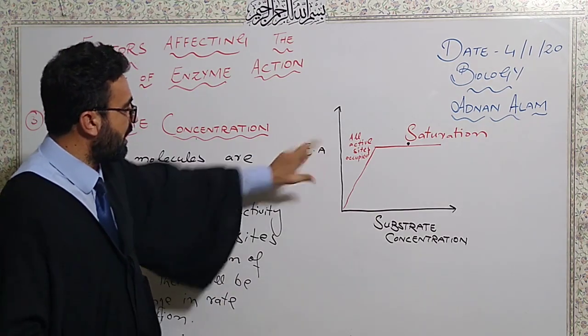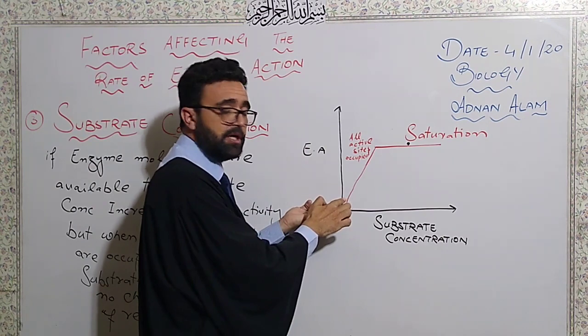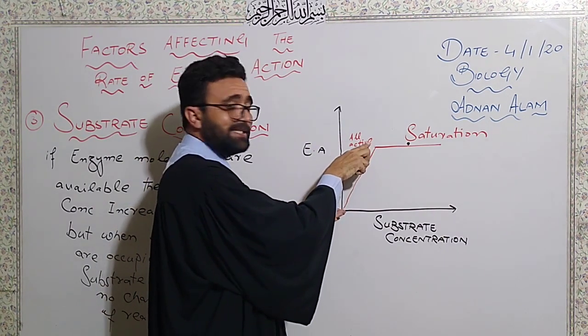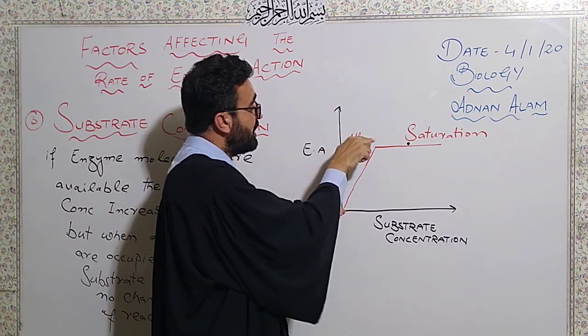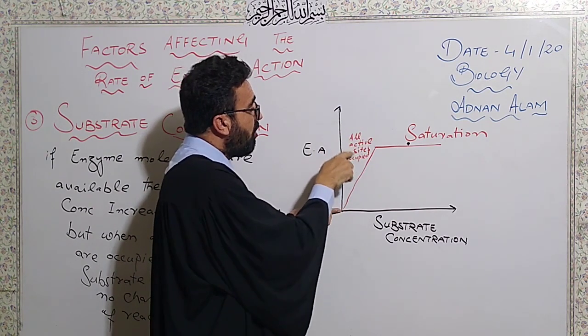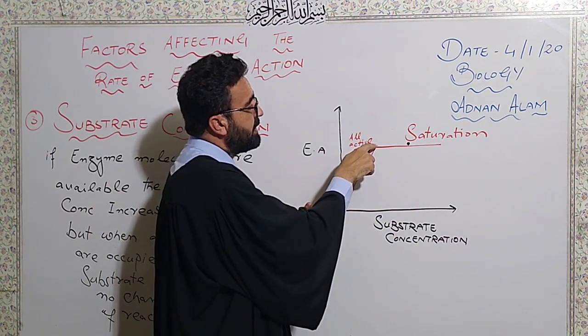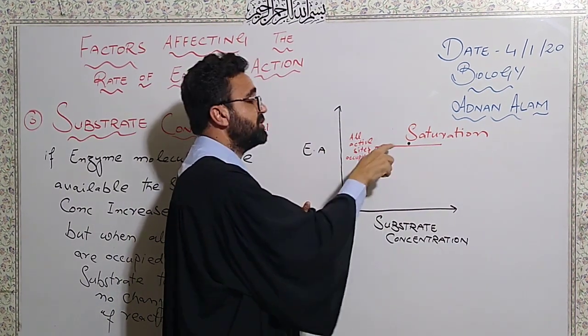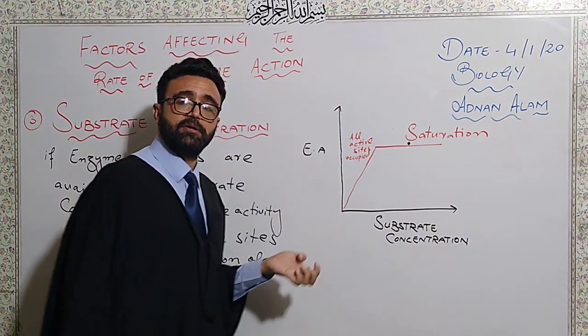enzymatic activity. In this graph, you can see that as I add the substrate, enzymatic activity is increasing. But when the saturation level comes and all active sites are occupied, then there is no net change in the enzymatic activity.